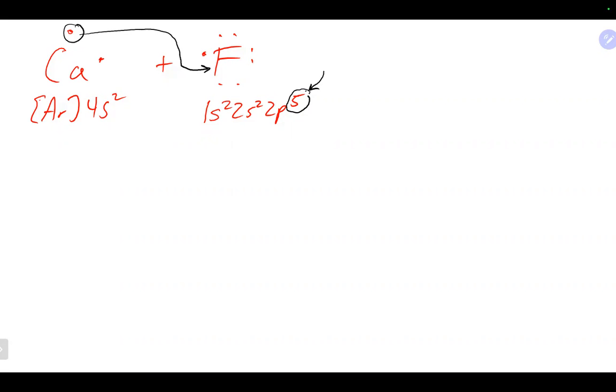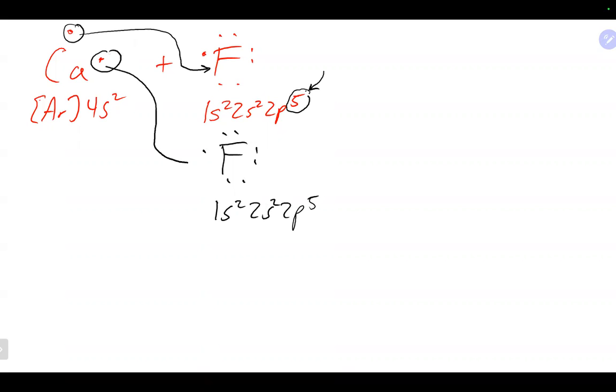And what that means is we actually need not 1 fluorine here, but 1 more to accommodate the second electron. What ends up happening now is calcium has a second spot where it can get rid of its electron. The result of this is our calcium becomes positively charged.